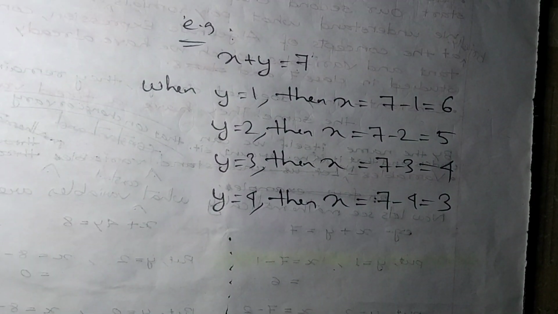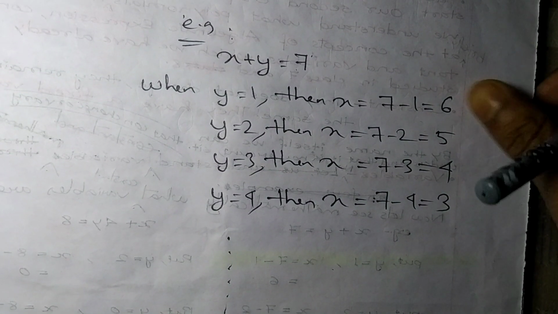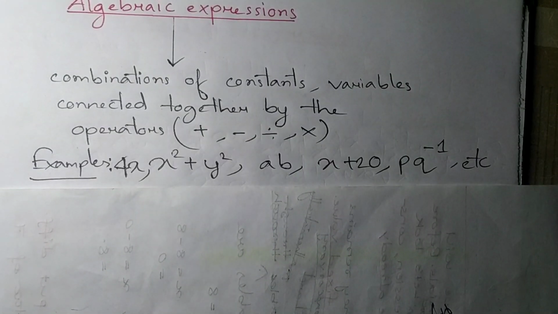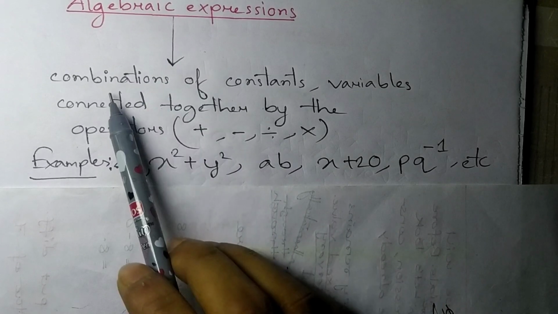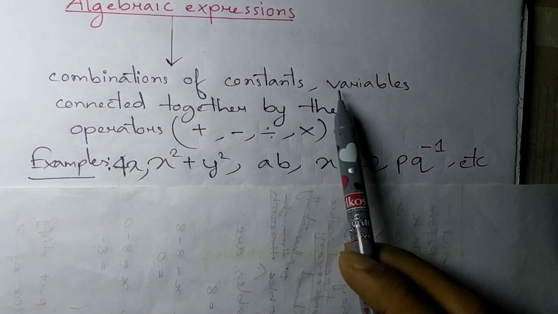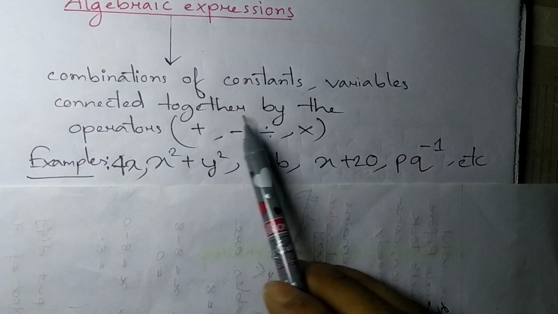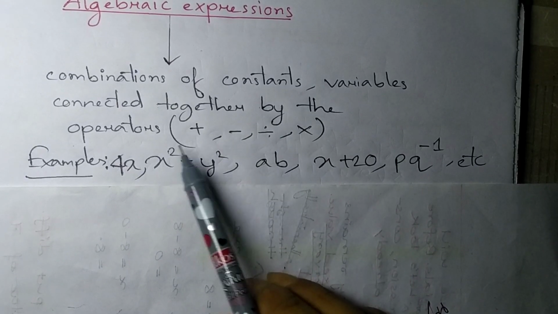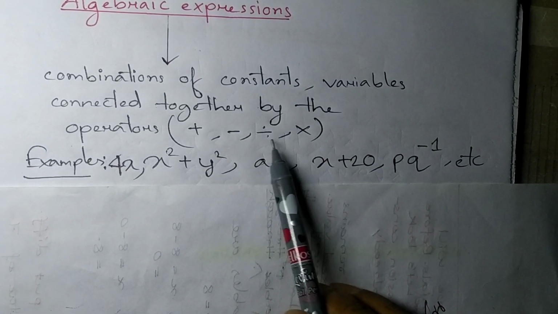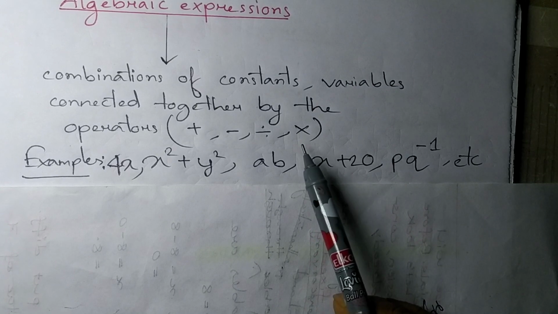Let us now look into algebraic expressions. Algebraic expressions are combinations of constants and variables which are connected together by the four fundamental operators: plus, minus, divide and multiplication sign.